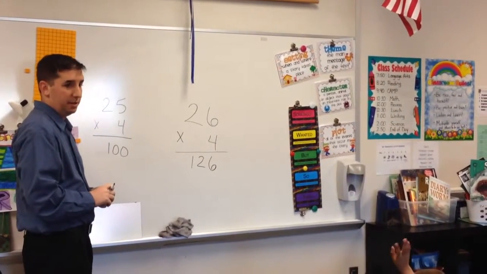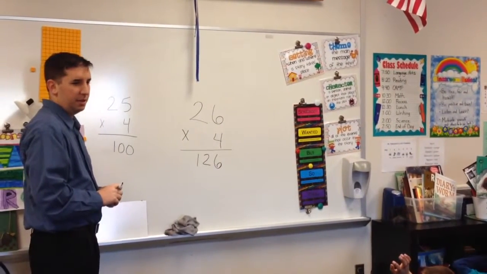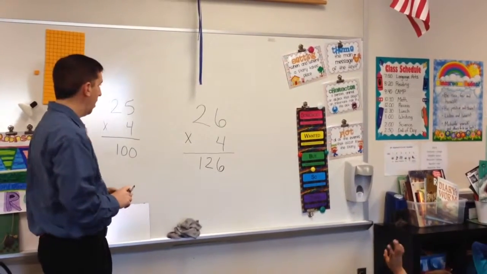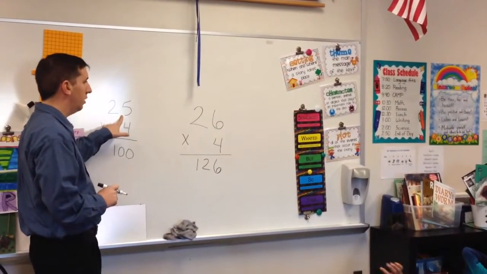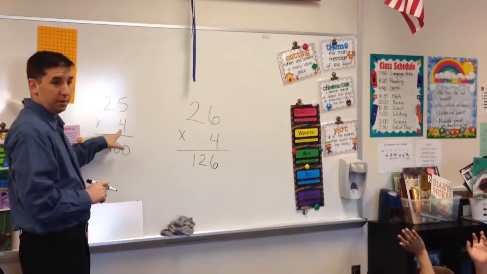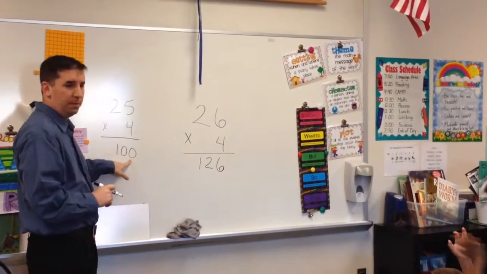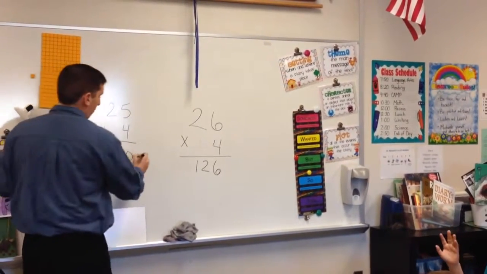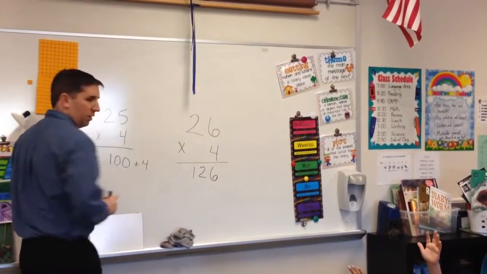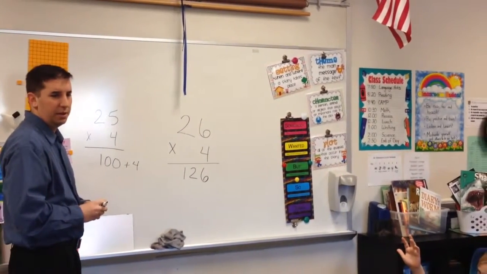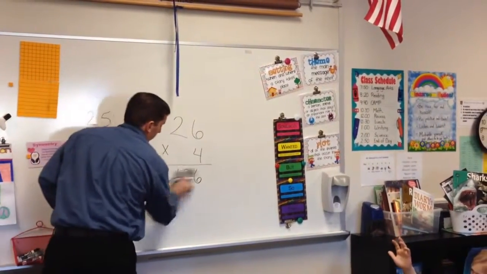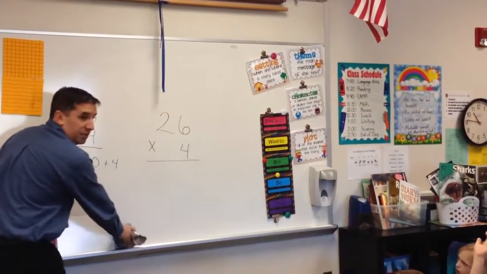And then I added them together and I got 126. Okay, so this was one more group of 4? Yes. So if we have one more group of 4 onto 100, what would our total be? 104. Oh, instead of 126, we're going to change it to 104.